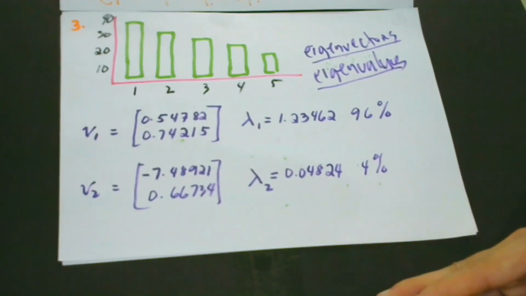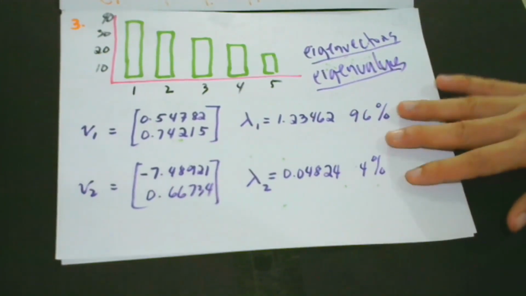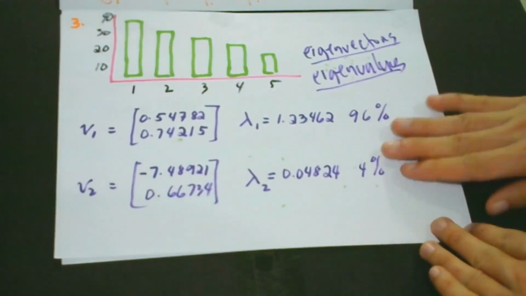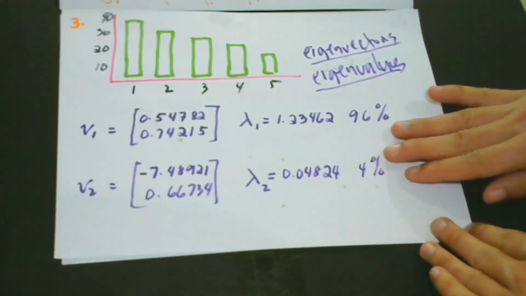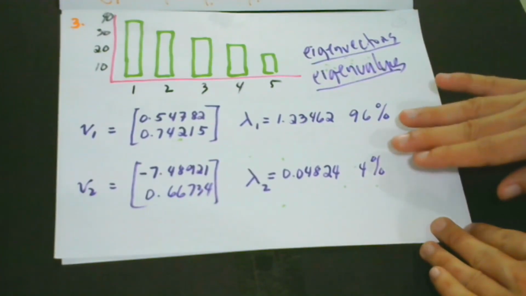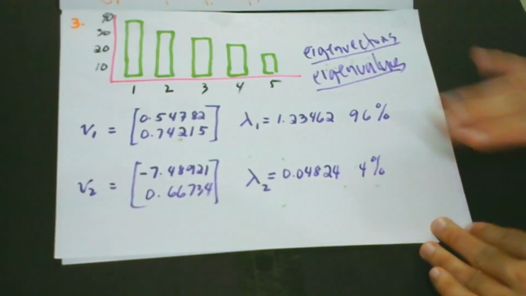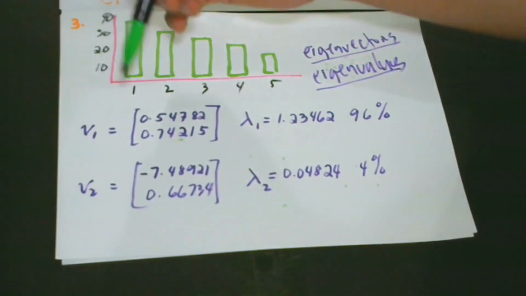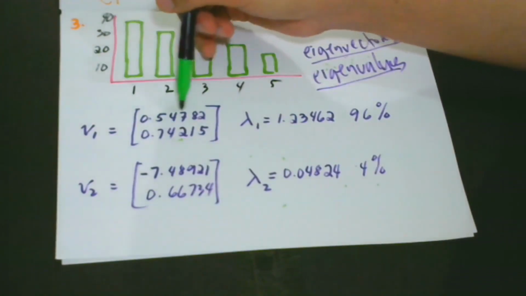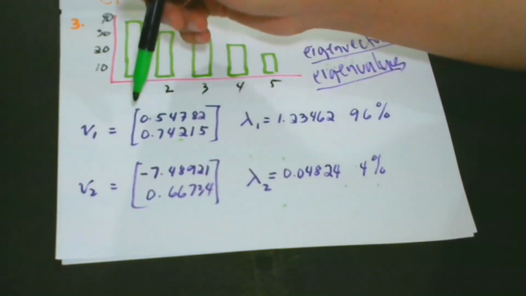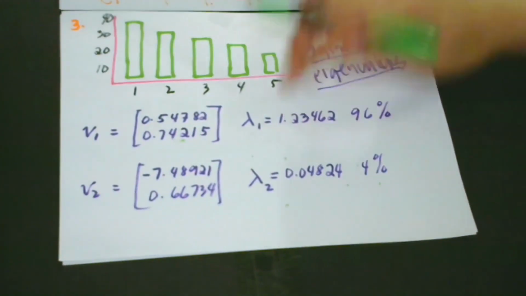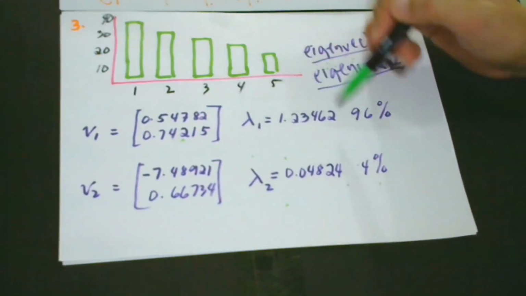So to understand that, let's have this example. We have here a 2-dimensional data set with 2 variables. So we have 2 eigenvectors and 2 eigenvalues. For V1, we have these eigenvectors 0.54782 and 0.74215, and its eigenvalue is 1.23462.